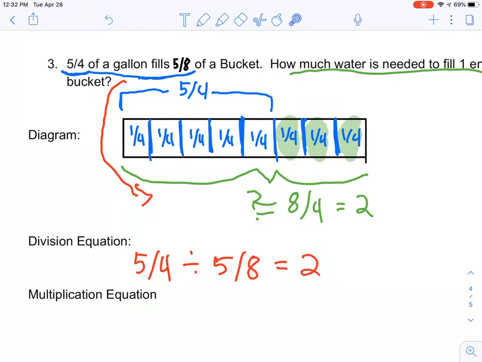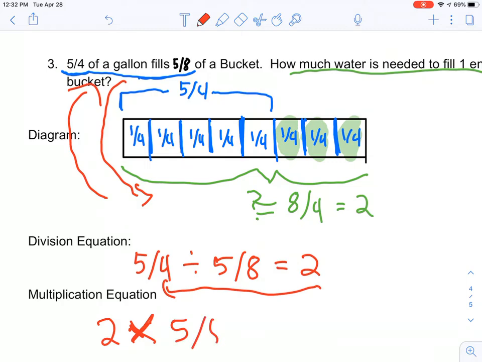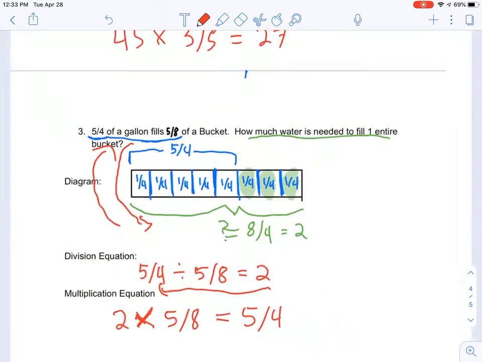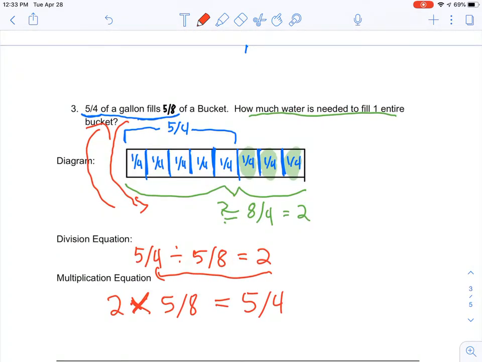And then we know that multiplication goes the other way. That means 2 times 5/8 equals 5/4. Okay? Excellent work. Hopefully you are feeling a little bit better about this type of math.